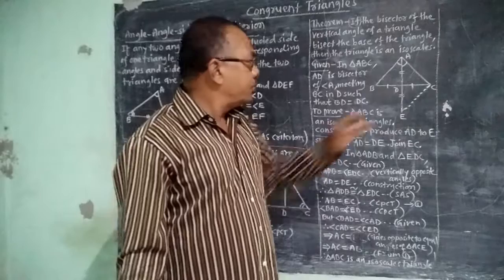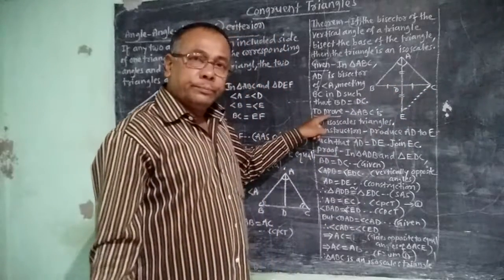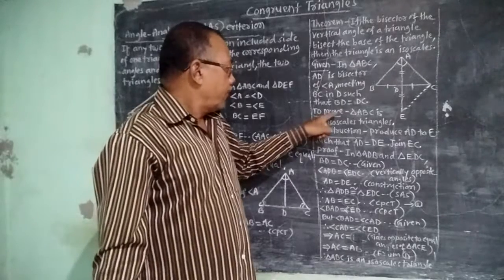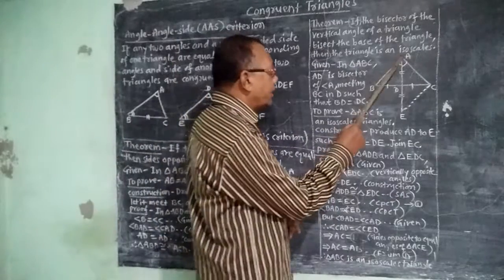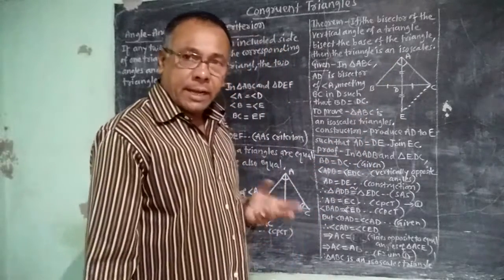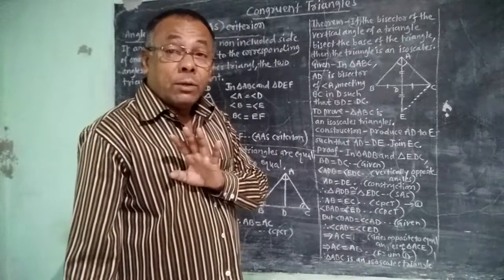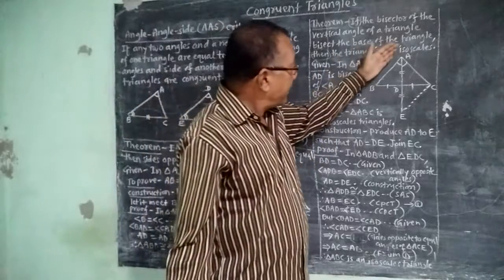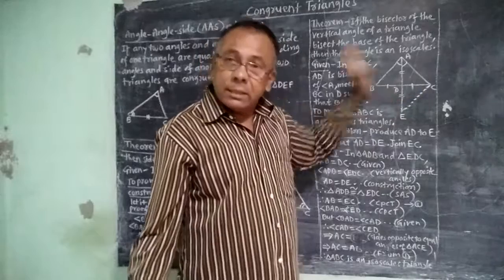Okay, now to prove: triangle ABC is an isosceles triangle. Now we know that the triangle will be isosceles only when side AB is equal to side AC or angle B is equal to angle C.